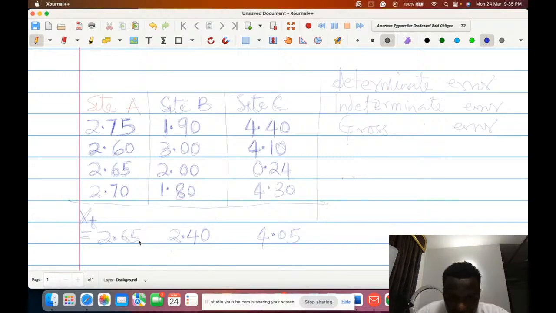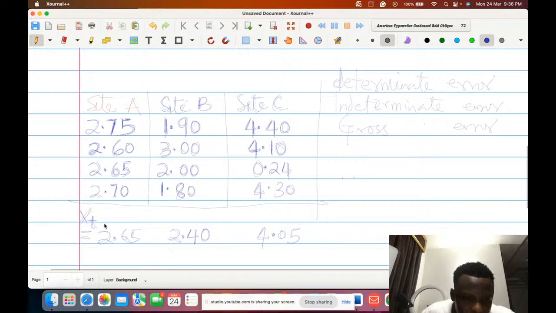Determinate error is characterized by the closeness of the measured values to the true value. In other words, accuracy affects determinate error. And what is accuracy? The closeness of a measured value to a true value. Now, the true value for site A is 2.65.